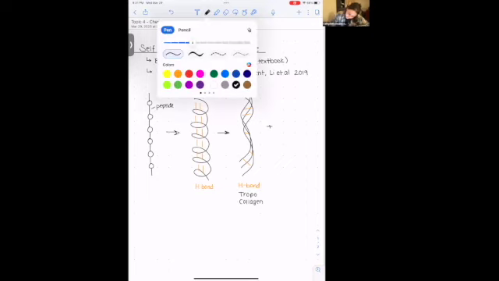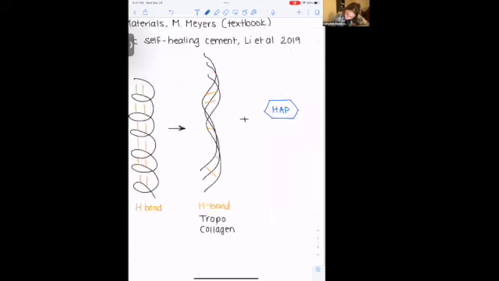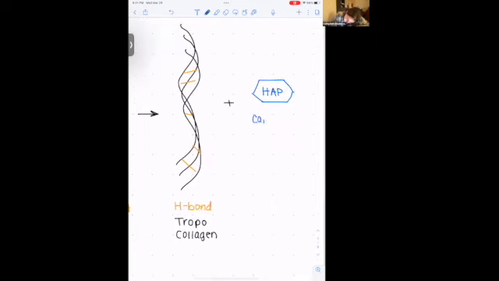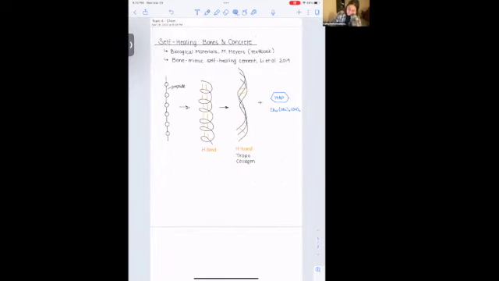And then you have the hydroxyapatite mineral, which I'll just write as HAP. And that is a calcium phosphate based material. So generally looks like this. And so these two things come together to form bone. And the way that that looks is something like this.